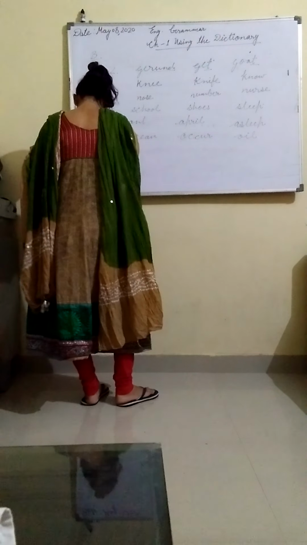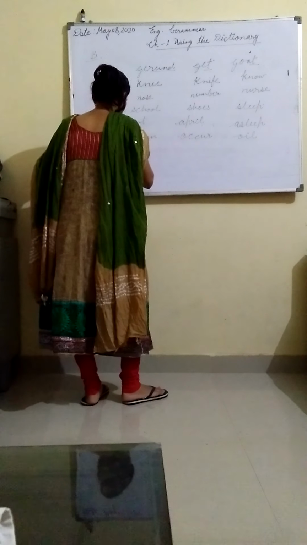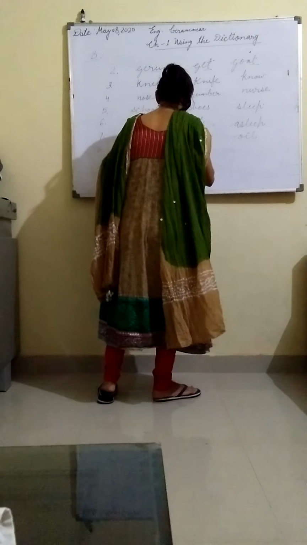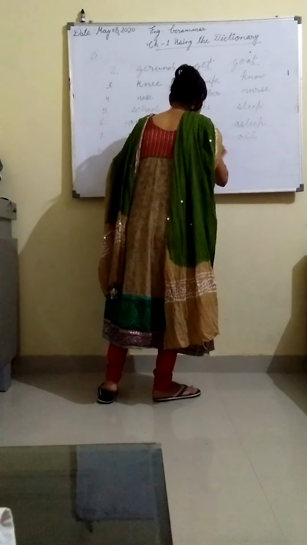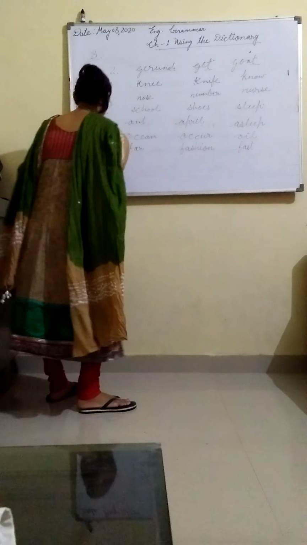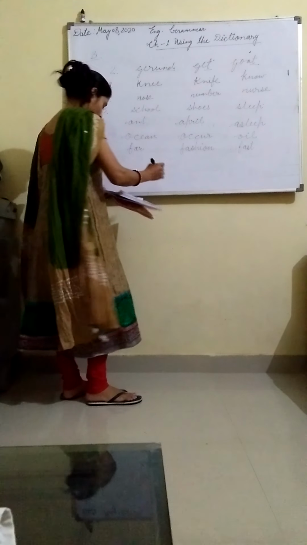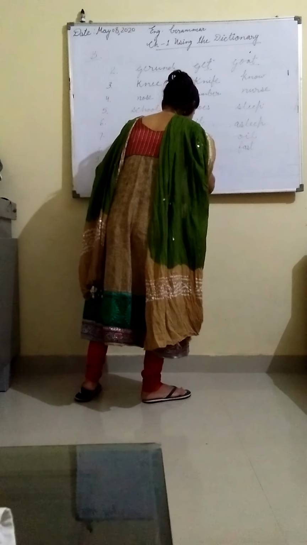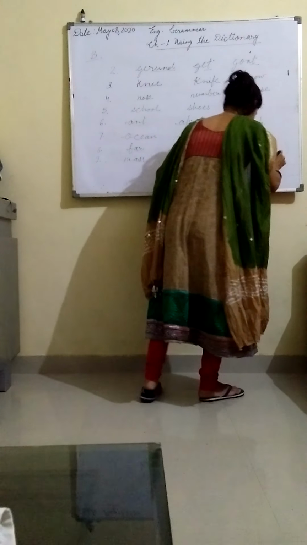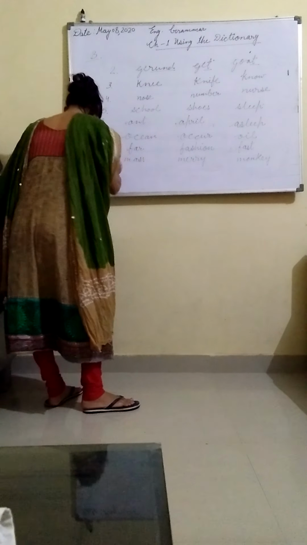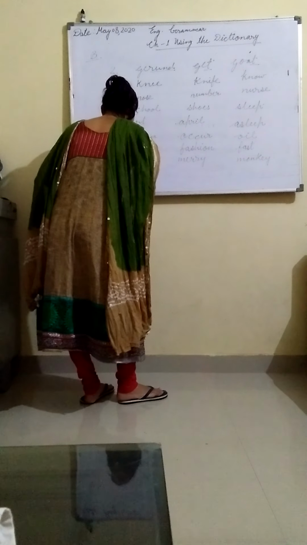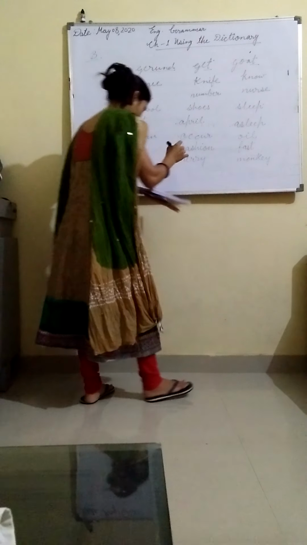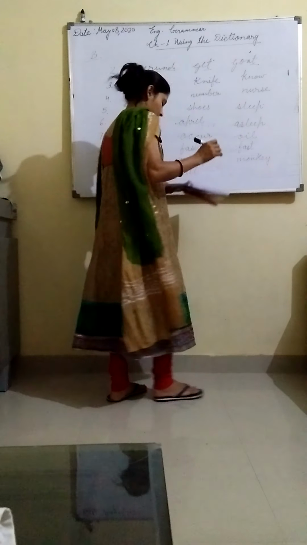Next is number 8, far, fashion, fast. Number 9 you will also mention mango, mass, Mary, and monkey. Next is 10, idea, igloo, ill, and insect.